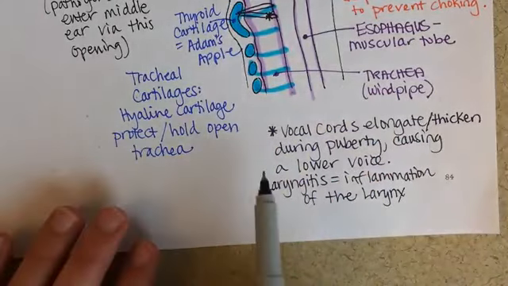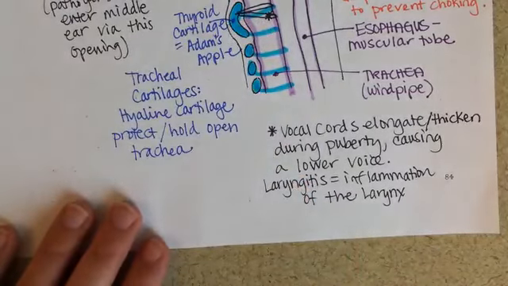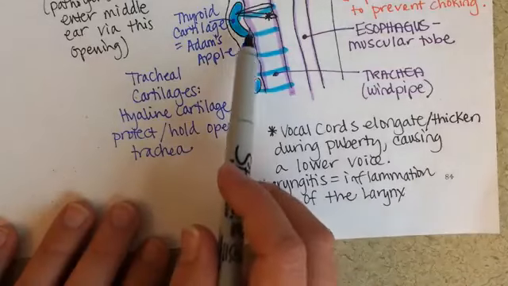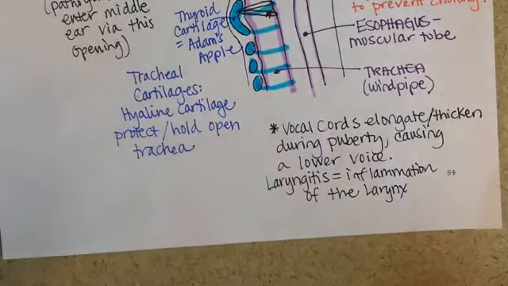This can happen either if a lot of mucus gets caught on the vocal cords, or if they are just inflamed themselves, and it can make it so that they're not able to tighten and relax as needed, and so you can't make the sounds that you need to make for speech or to be heard.